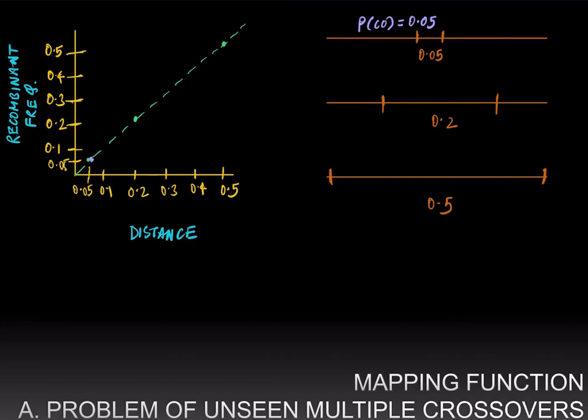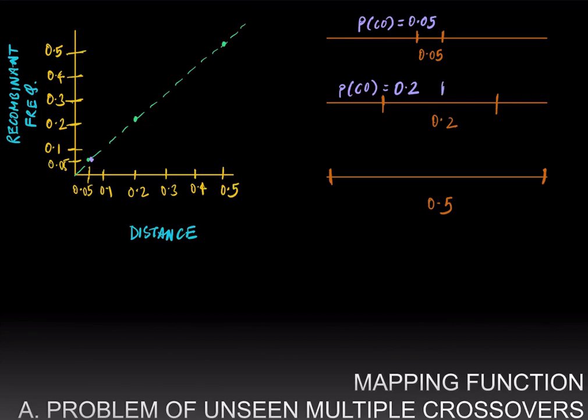Now, when we look at the second pair of genes that are separated by a distance of 0.2 map units, then the probability of having a crossover, and therefore the probability of seeing recombinance, is 0.2. However, we know that a double crossover is also possible, and if you have a double crossover, then you do not get recombinant genotypes when you're looking at a pair of genes.